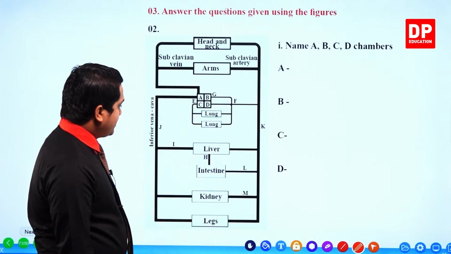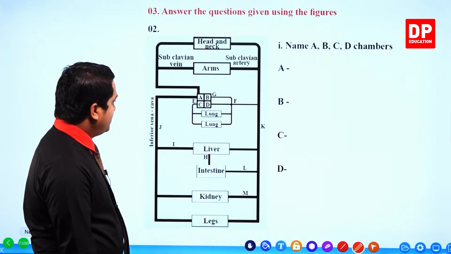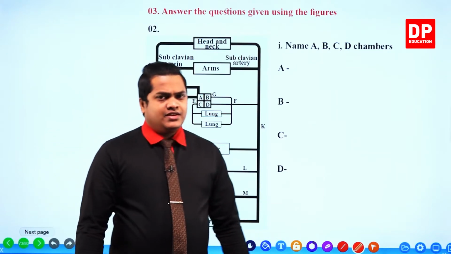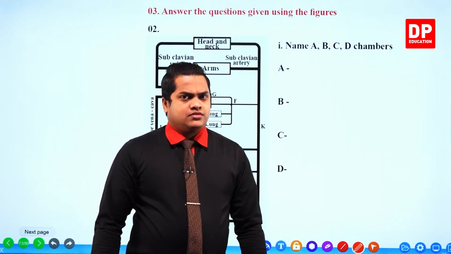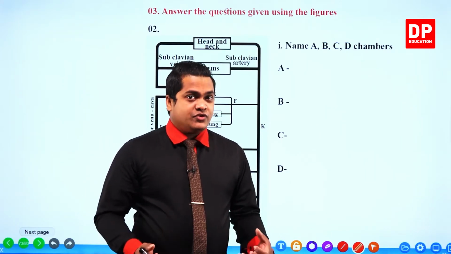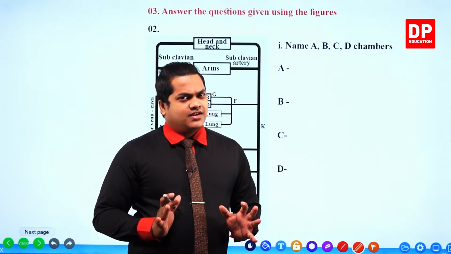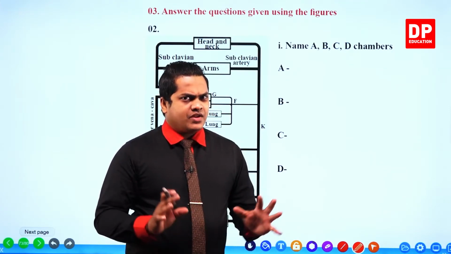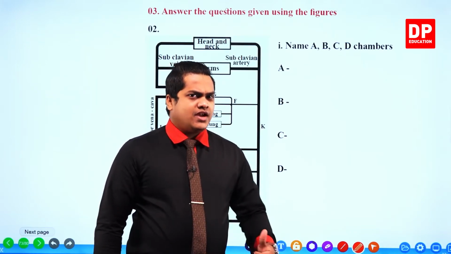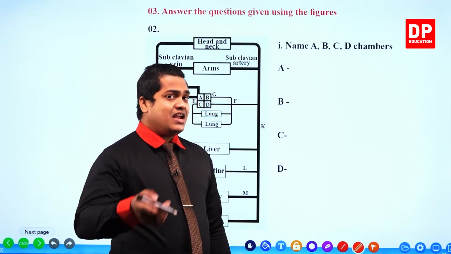Then there are several labels: intestine, liver, kidney, legs, inferior vena cava. Actually these things are irrelevant for us. They are given to confuse you, so don't get confused. Just look at the figure, identify the key components and go for the questions. We'll see the questions and then answer.